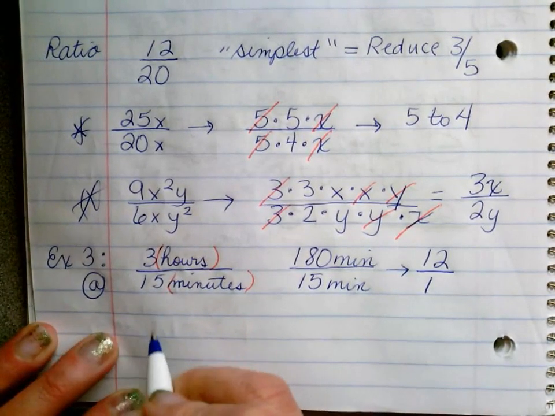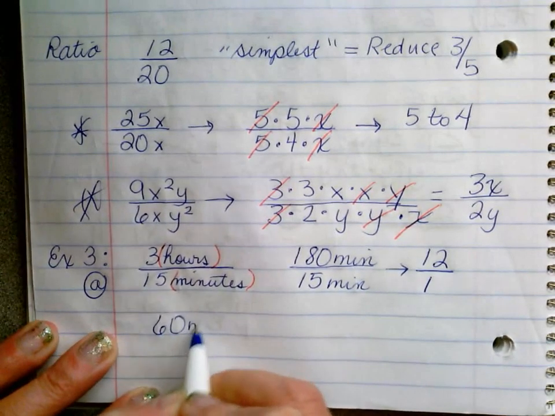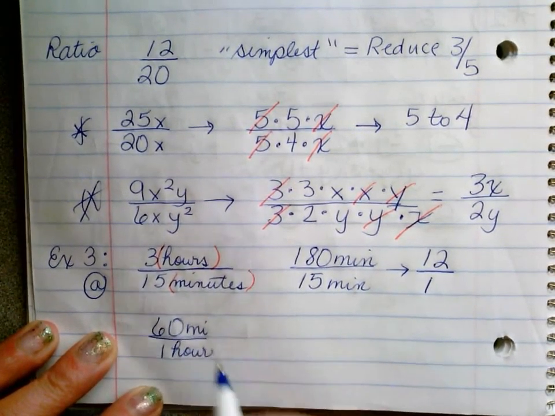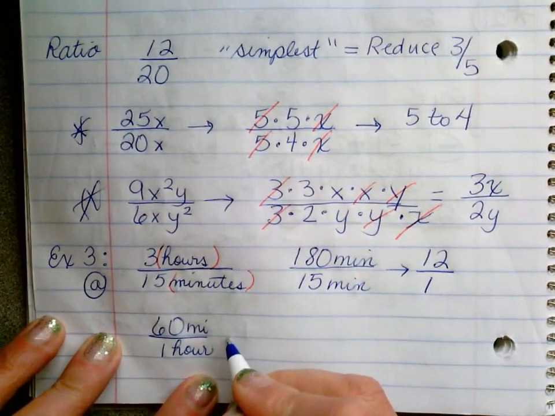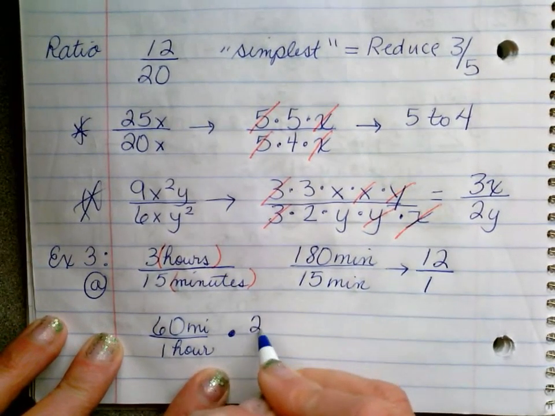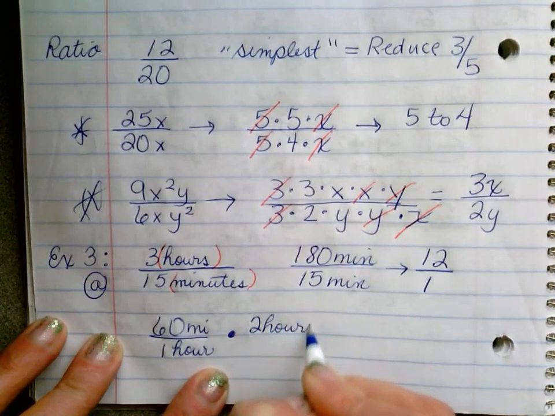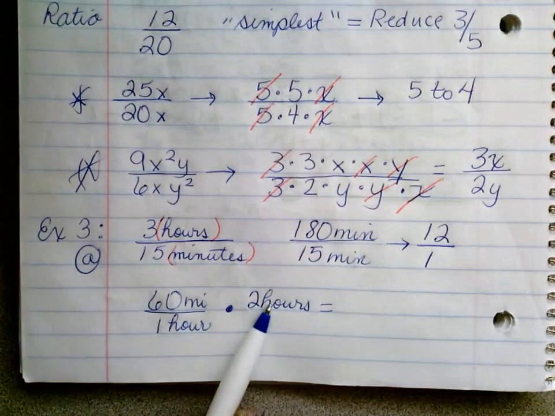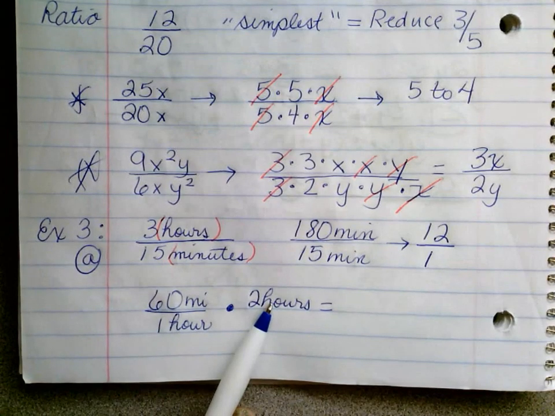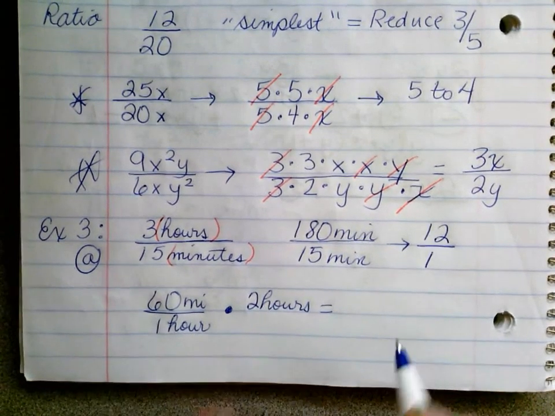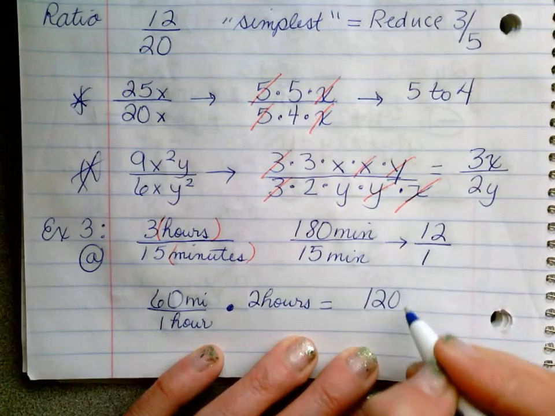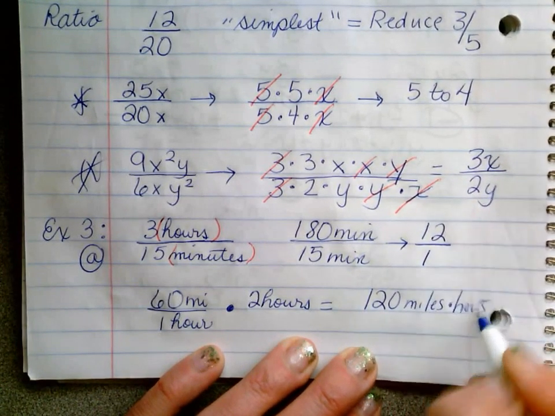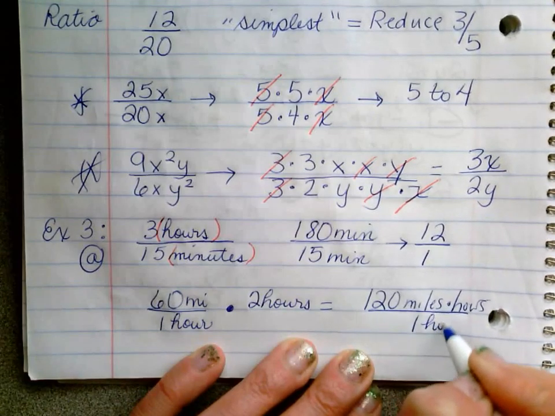Well, think about this. 60 miles in 1 hour, multiplied by 2 hours. This is just a little side note. If I traveled at this rate for this amount of time, the answer is 120 miles times hours over 1 hour, right?